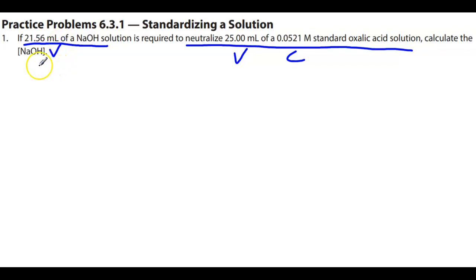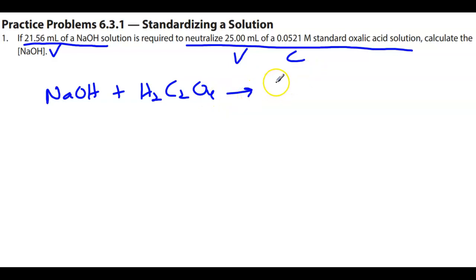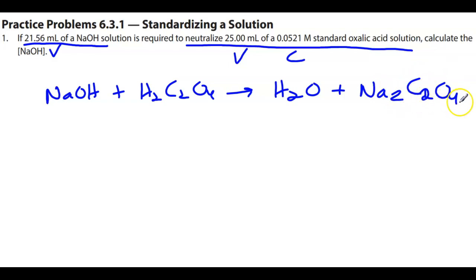We want to know the concentration of our NaOH. So let's write out our reaction quickly. Here we have a neutralization reaction, or double displacement, however you want to think about it. So C2O4 or oxalate, and to balance that out, we need a 2 and a 2.